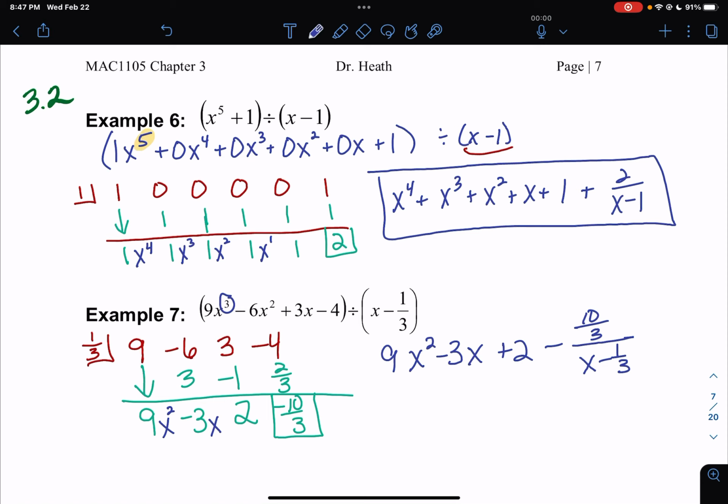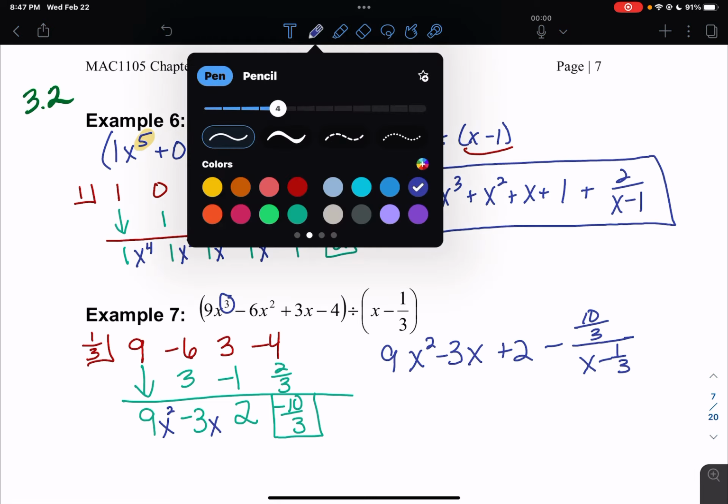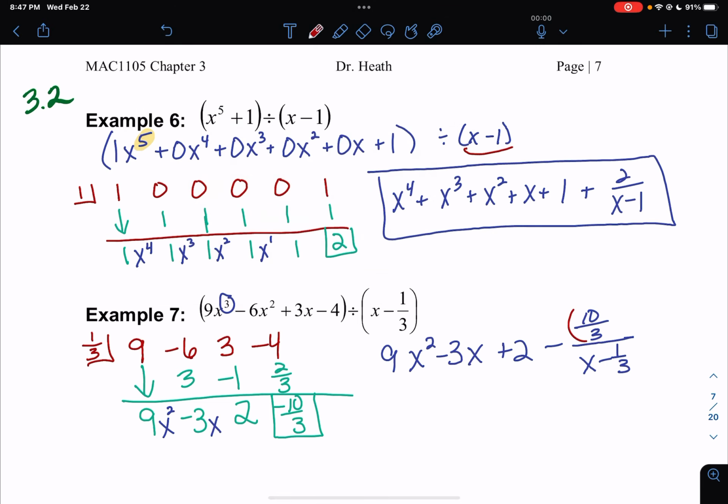Now we want to simplify this one more step. Because we have fractions inside of fractions, we like to simplify that by multiplying the whole numerator of that fraction and the whole denominator of that fraction by 3. And then we're able to simplify this as 9x to the second minus 3x plus 2 minus a fraction.